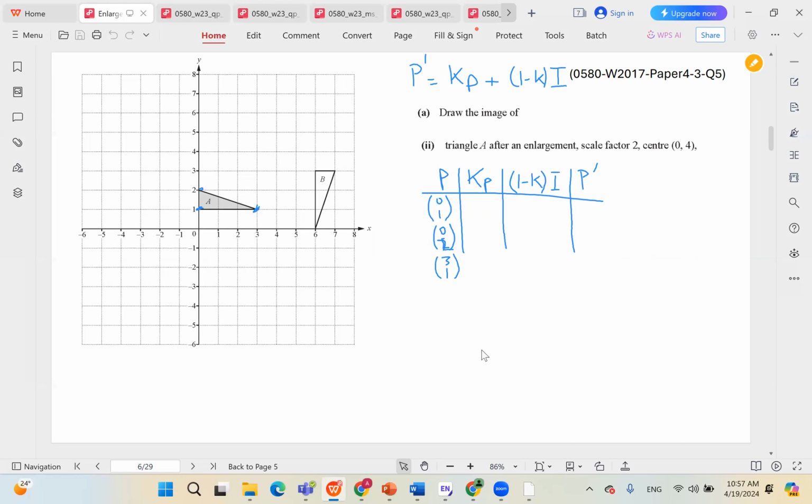So the scale factor here is 2. And here, this bracket is equal to 1 minus 2, which is -1, multiplied by the center of rotation, I mean, the center of enlargement, which is 0, 4. So -1 times 0 would be 0. -1 times 4 would be -4. And this would be the same vector in all three entries.